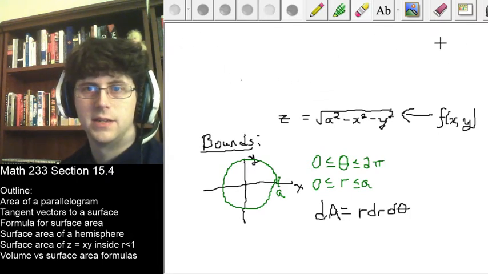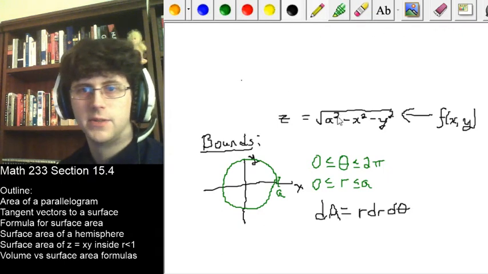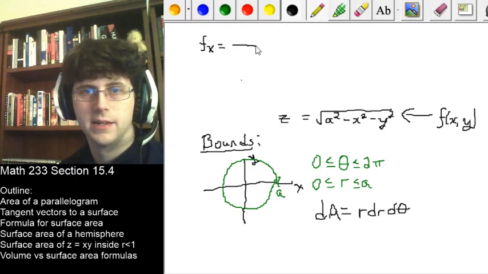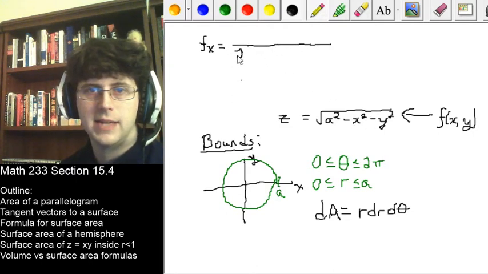Erasing the question to finish the question. So let's find the x and y partial derivatives. Fx is, well, the square root is a 1/2 power. So it's going to be half times the inside to the minus half. That puts the square root in the denominator.